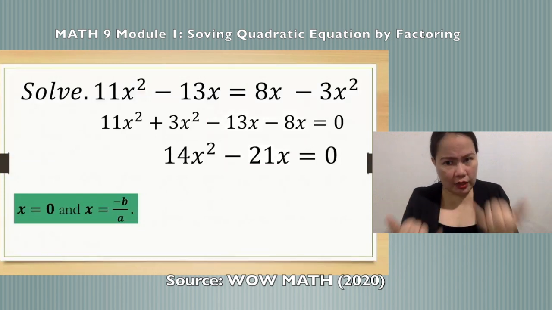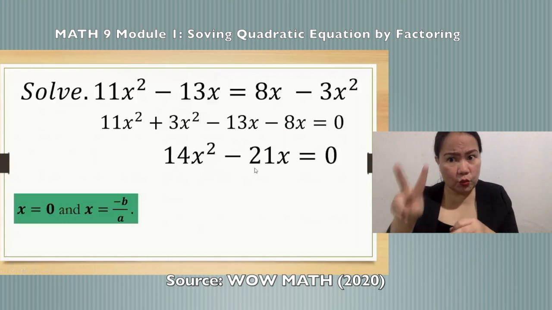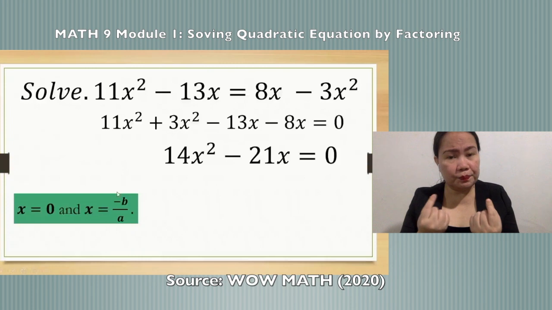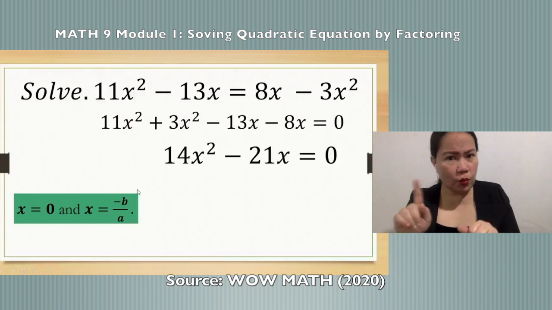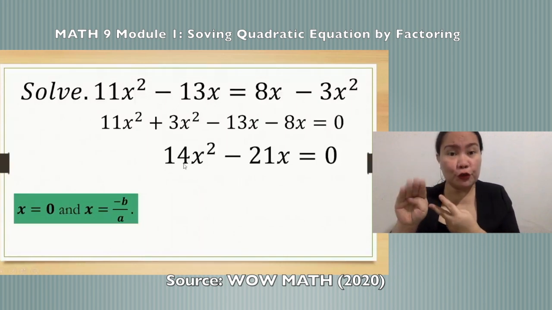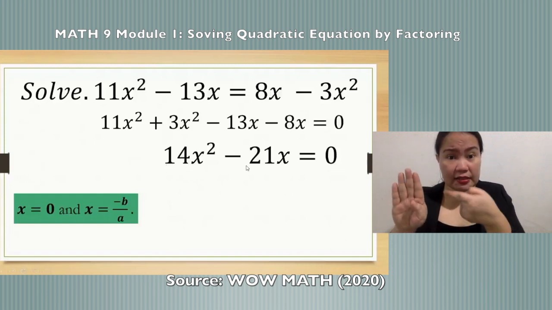So ngayon, yung equation natin ay nasa form na ng ax squared plus bx is equal to 0. So ang gawin na lang natin ay kunin yung value ng b saka ng a para ma-substitute natin in this formula. So ano ba yung value ng a natin? Of course, that is 14. And yung value ng b natin dito ay negative 21.